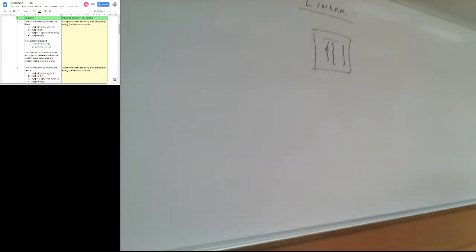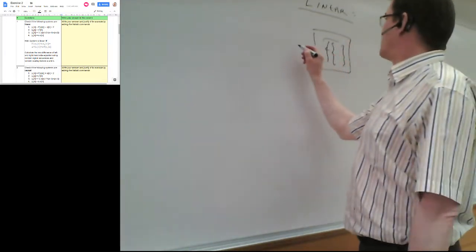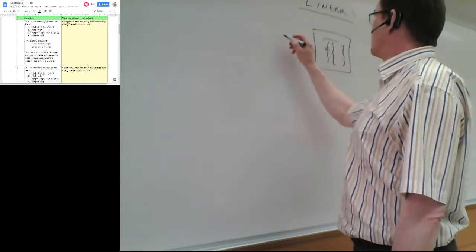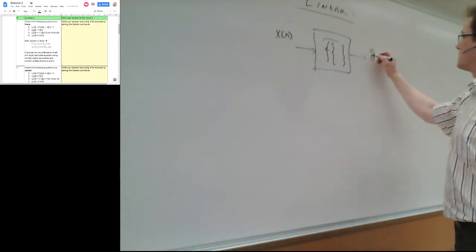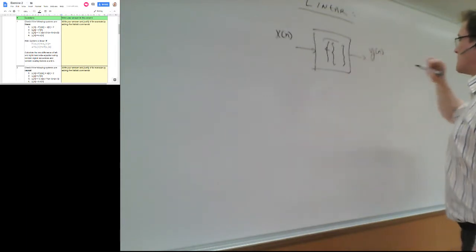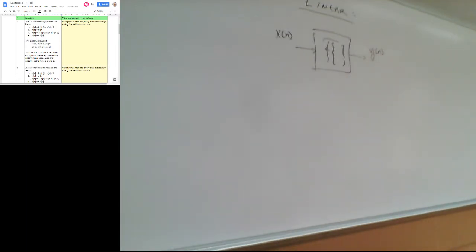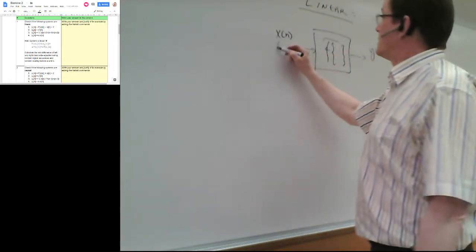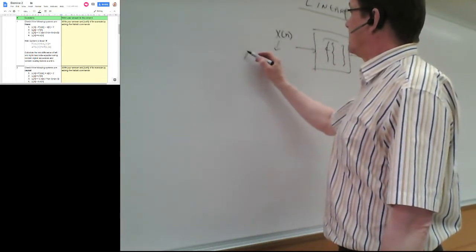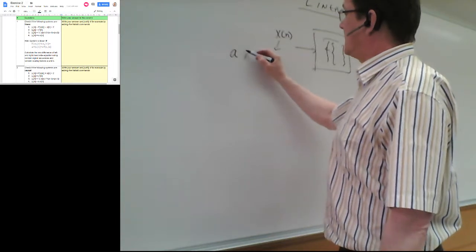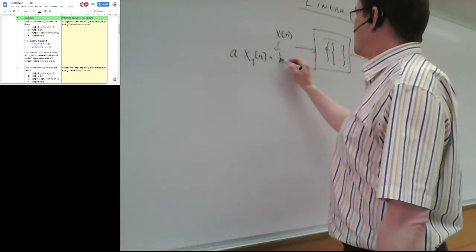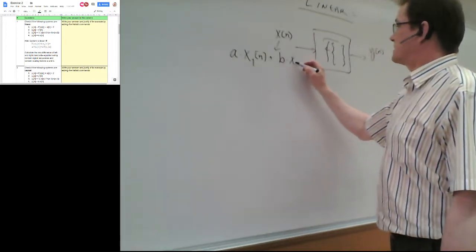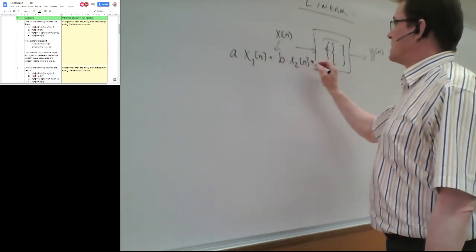So system F, which does something for input x, so basically if a system is linear, you replace that by some scaling factor a times x1[n] plus b times x2[n].